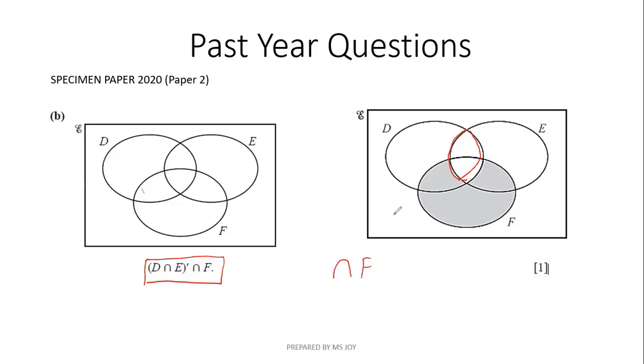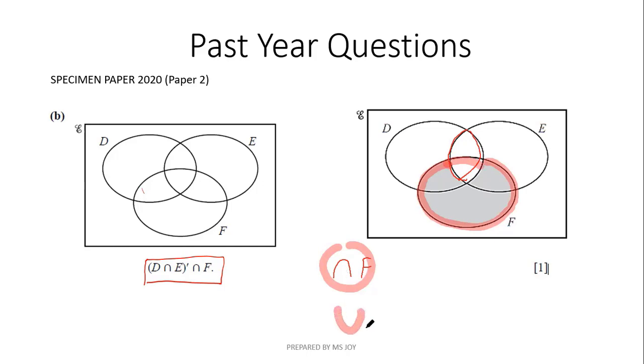Where is F, guys? F is already here. Let me use the shading. F is this one, correct? Okay, this is F. But since the question says intersect, you cannot shade all of F, because it's intersected.